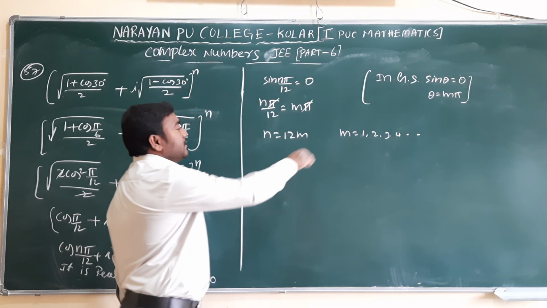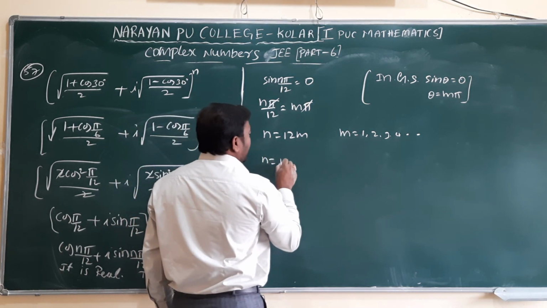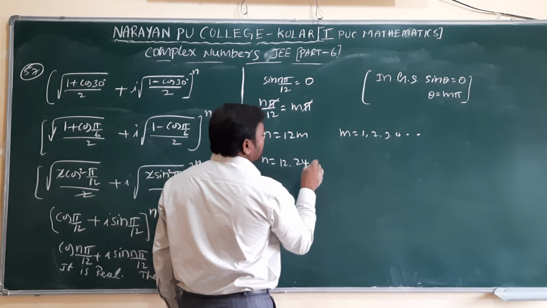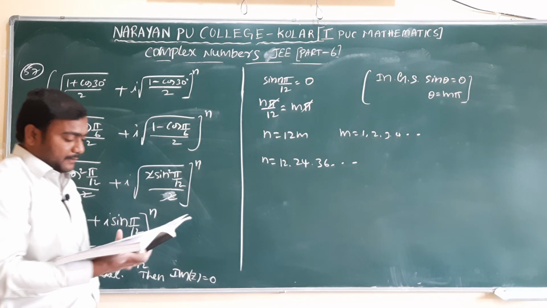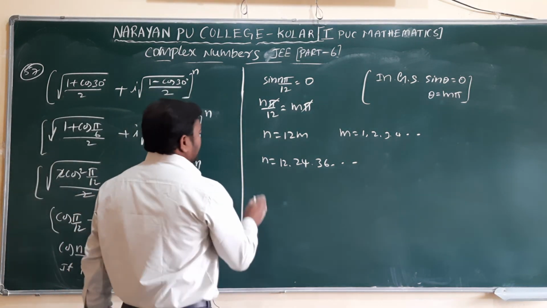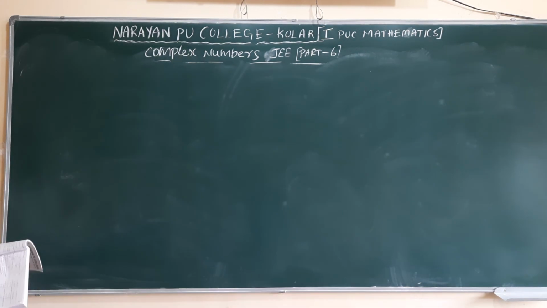So n is equal to 12 into m value: 12, 24, 36, and so on. Here option D is the correct option. Option D is the correct answer.